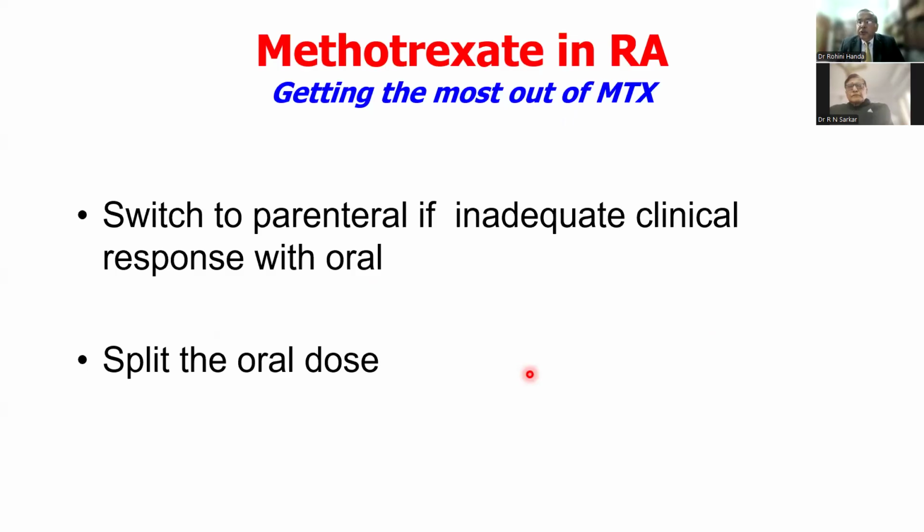Should the patient show suboptimal response to oral methotrexate, you will graduate to parenteral methotrexate, subcutaneous or intramuscular, or you split the oral dose. So if the patient is on 20 milligrams of methotrexate, 10 milligrams in the morning, 10 milligrams after dinner on the same day of the week. So if the dose exceeds 15 milligram per week, there are absorption problems and you split the dose.